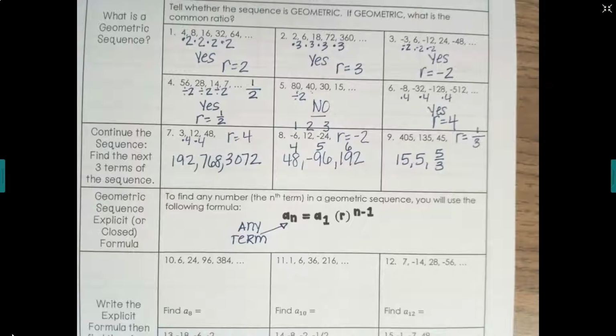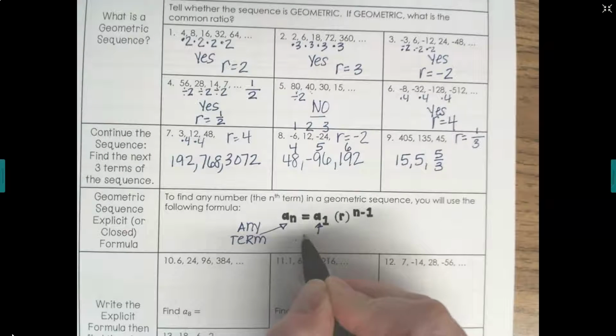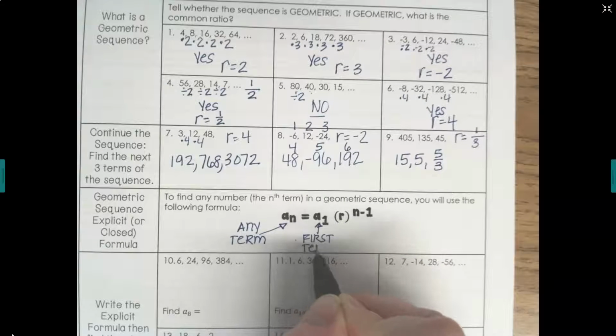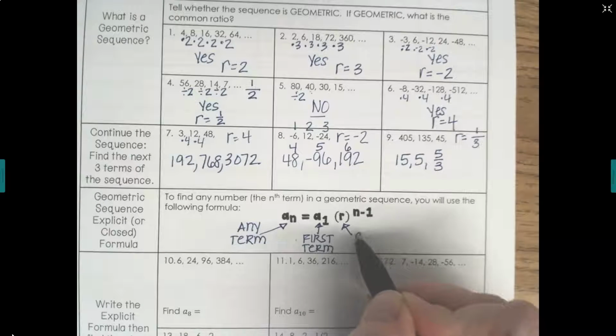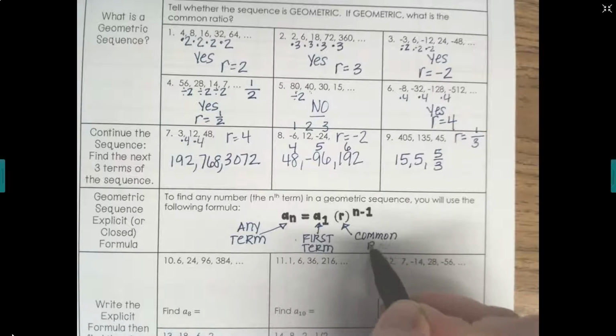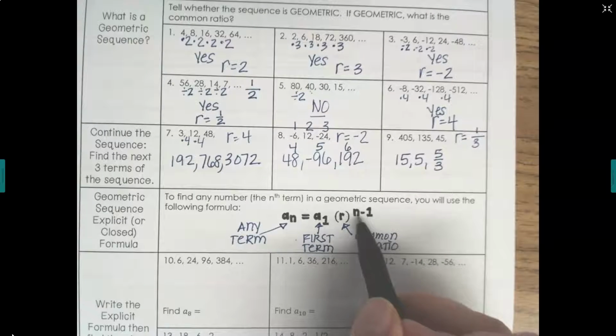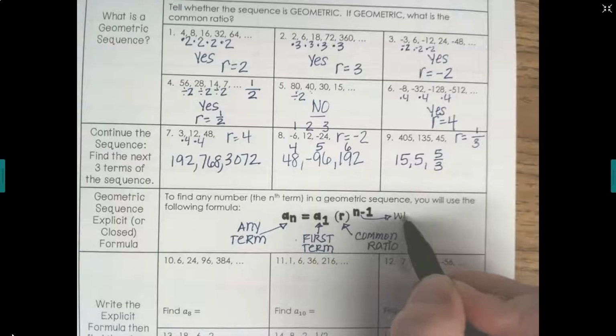So to find any term, you will take the first term in this sequence. This is your common ratio. And then you'll multiply it to n minus 1, and n is what term are you looking for?